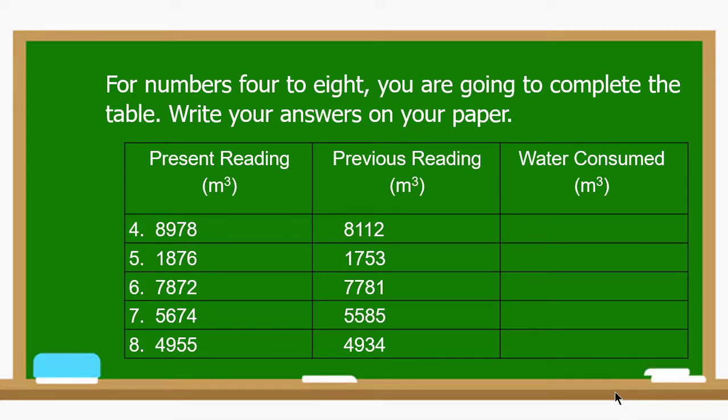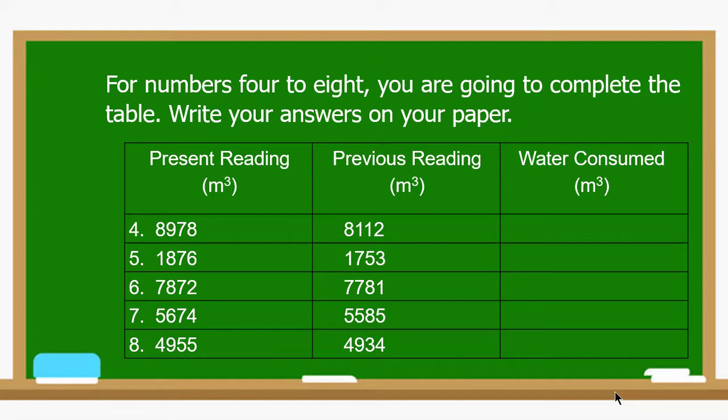Number 5. Present reading 1,876 cubic meters. Previous reading 1,753 cubic meters. Number 6. Present reading 7,872 cubic meters.